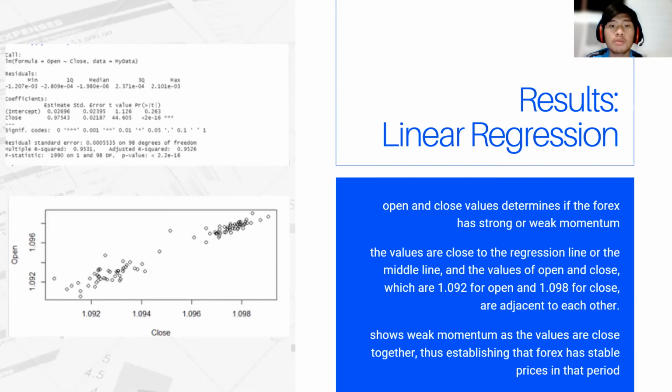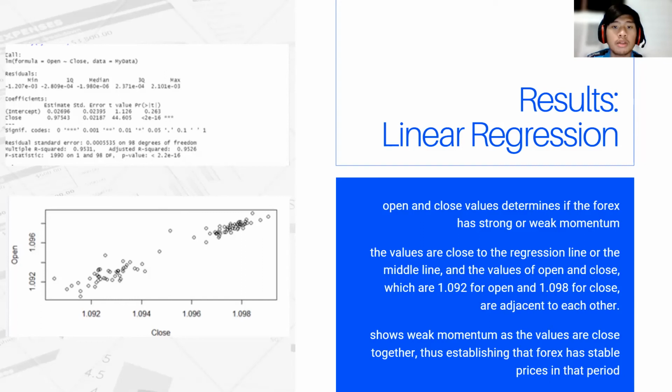This shows weak momentum as the values are close together, thus establishing that Forex has stable prices in that region. However, stable prices are not always good news, as weak momentum may also mean low income, as there is little to no change in the price trend of the trade.